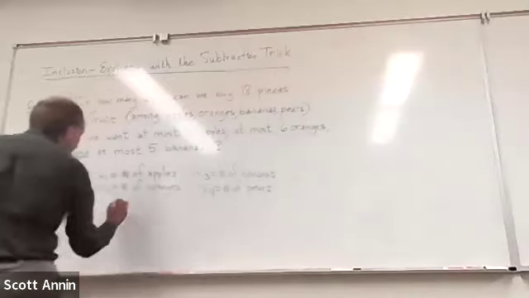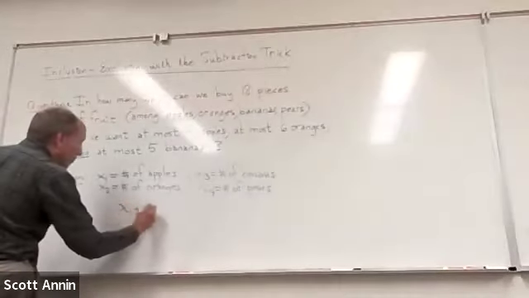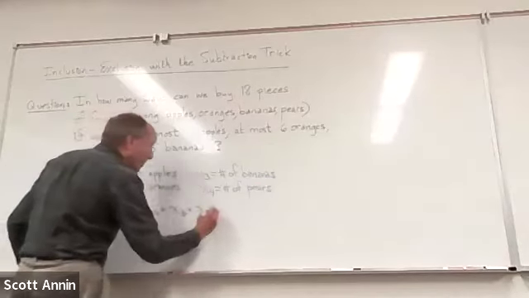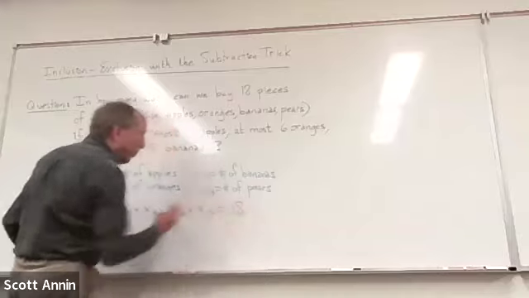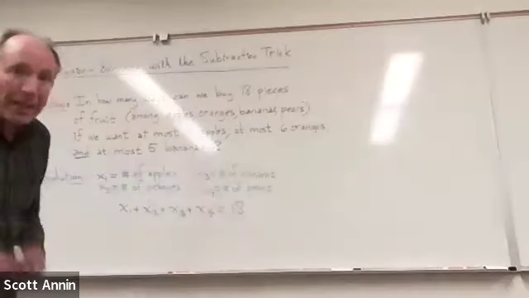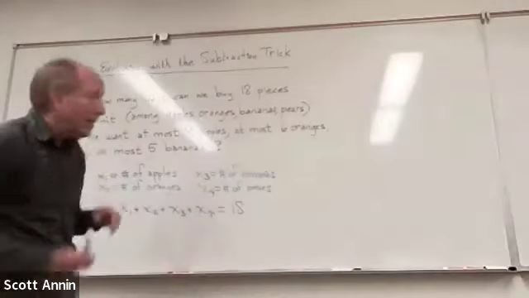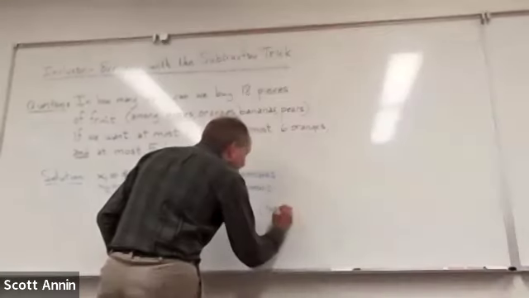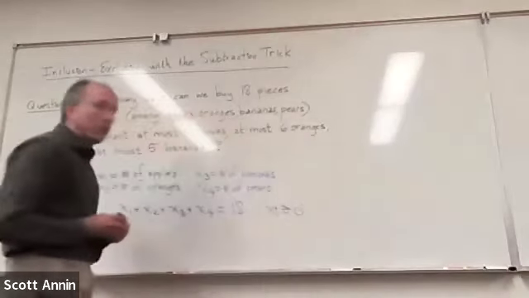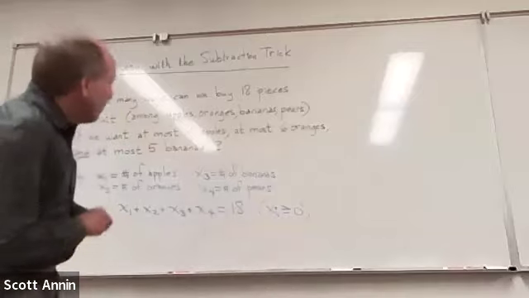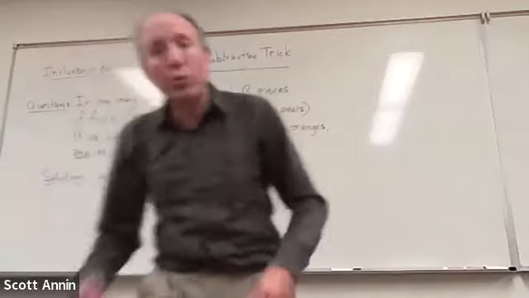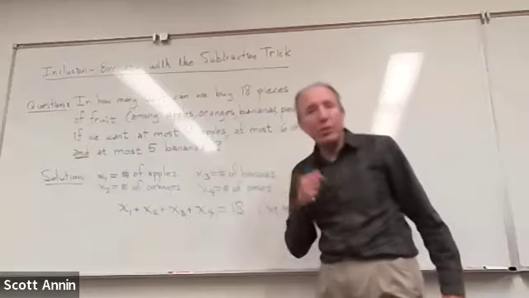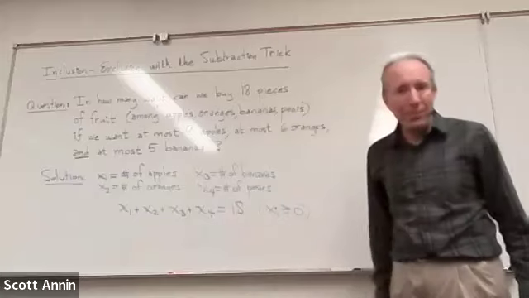But in particular, I'm looking for solutions to the following equation: x1 plus x2 plus x3 plus x4 equals 18. And when I say I'm looking for solutions, I'm looking for integer solutions, specifically non-negative integer solutions. We cannot purchase a negative number of fruits or a fractional number of fruits here. So we're looking for integer solutions that are all at least 0.